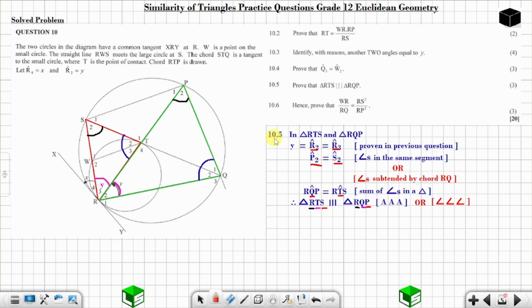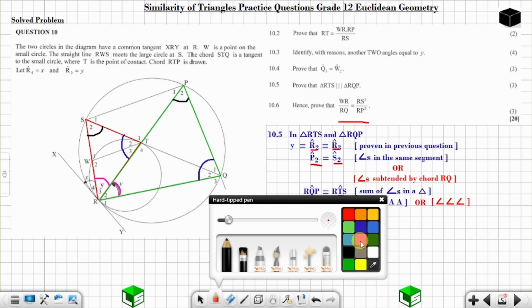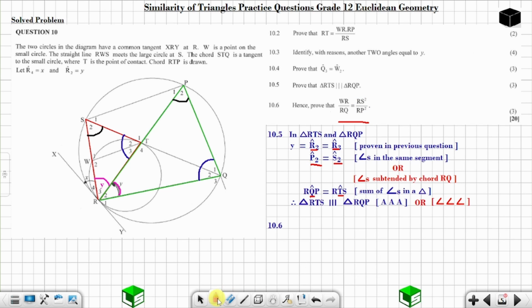Now, question 10.6. Hence prove that this is equal to this. So you can see, let me erase this. You have to prove this. So you need, let me show you, we can use this.